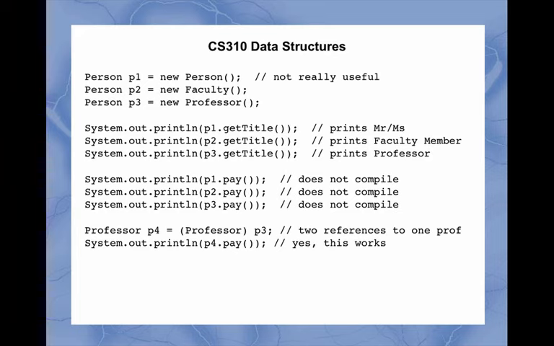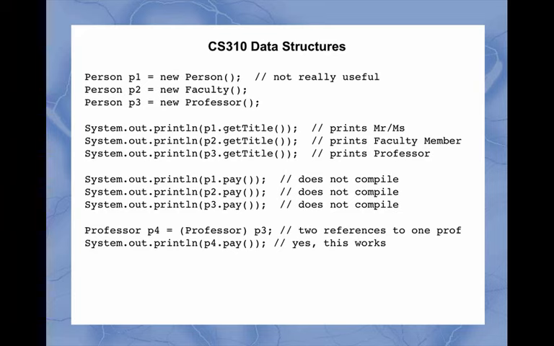Then moving down, notice that we have p1.pay, p2.pay, and p3.pay. This code doesn't compile. Now notice that in the case of p3, it's actually a Professor, and there is a pay method in class Professor, but it still doesn't compile. It doesn't compile because p3 is a variable of type Person, not a variable of type Professor.